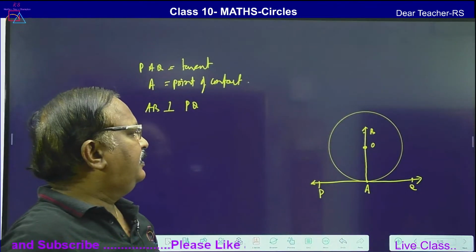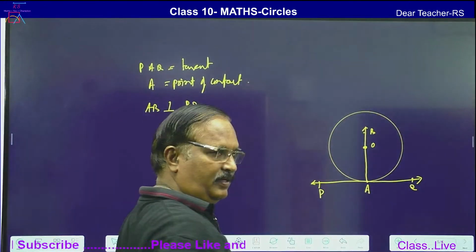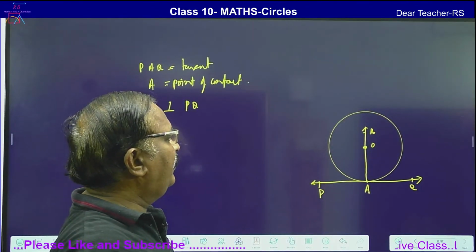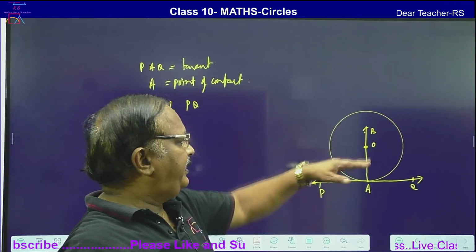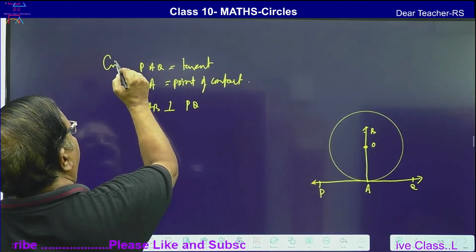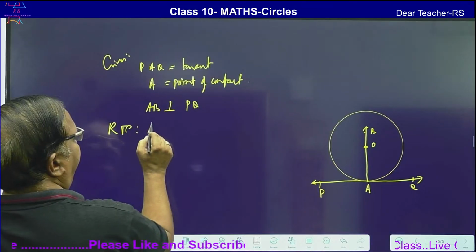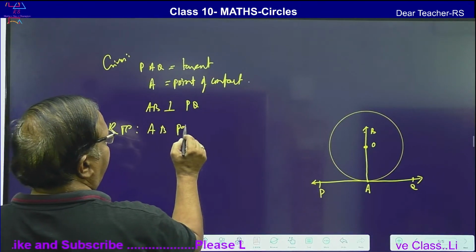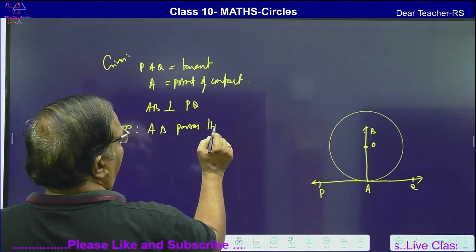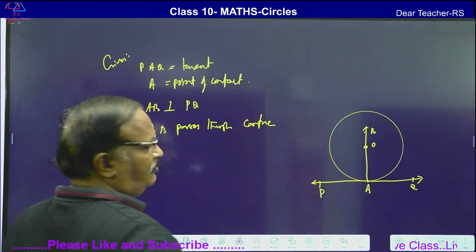This B can be interior, can be outside, can be on the circle also, anything. So our target: AB is already perpendicular. This entire thing is given, and RTP: AB passes through the center. This is what we have to prove.